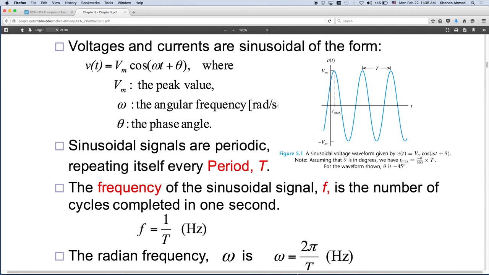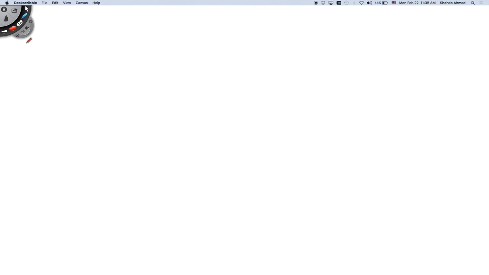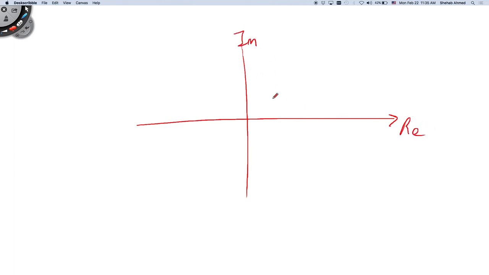This should be the real axis, this should be the imaginary axis. You want to represent a number 5 plus j2. It's a complex number. You would represent that on the real and imaginary plane this way: 1, 2, 3, 4, 5, and 1, 2, right here. This is the point 5 plus j2. So I can connect these two together.